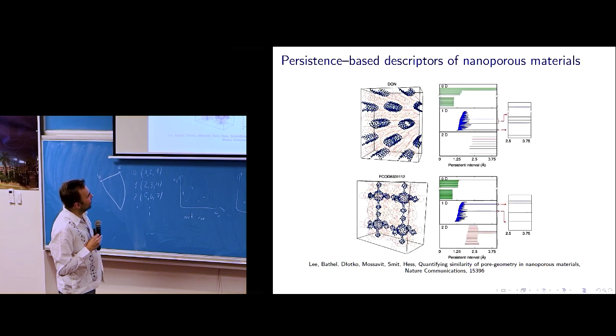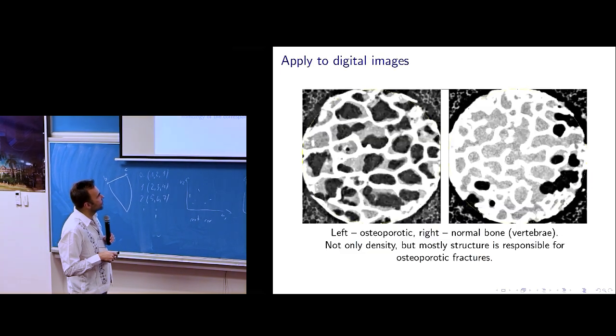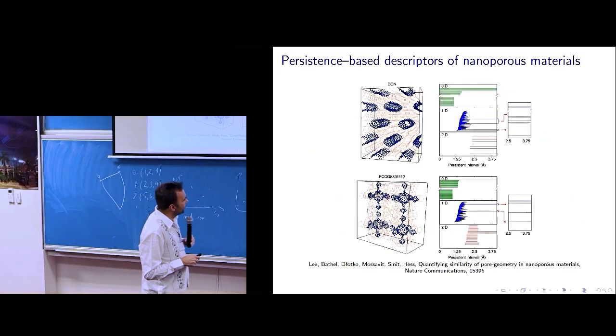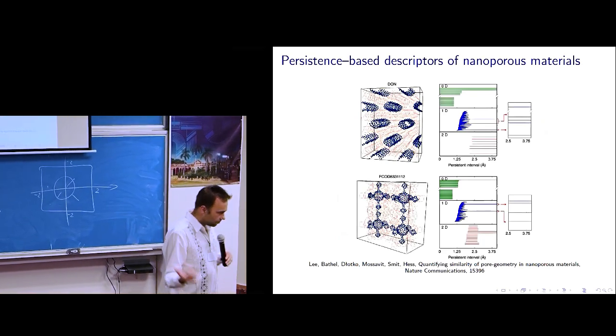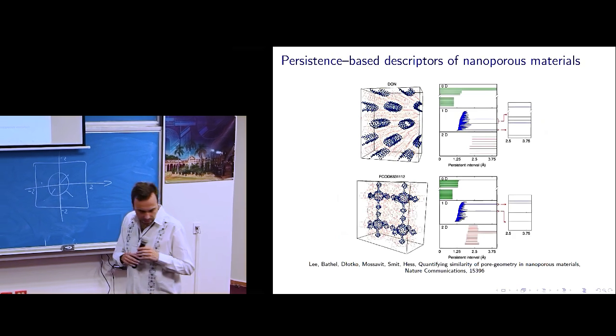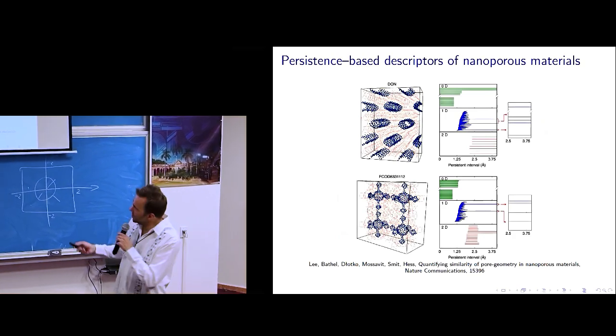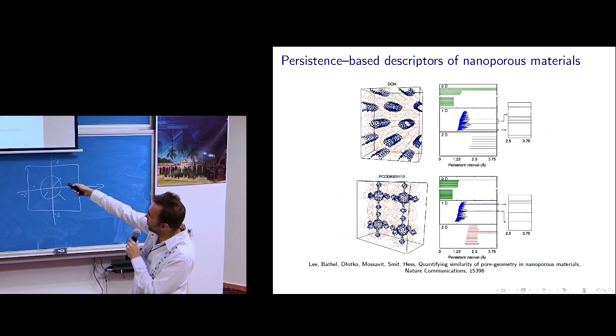And I mentioned the bone project we are doing with the consortium of medical doctors, but also looking at materials with porous structure, there is a lot of potential. In this work, we actually use the machinery of persistent homology that I mentioned to you. On the left-hand side, we see the geometry of some zeolites.